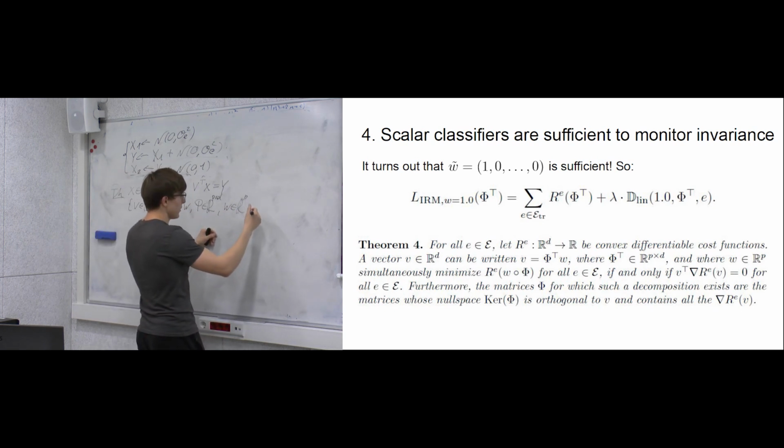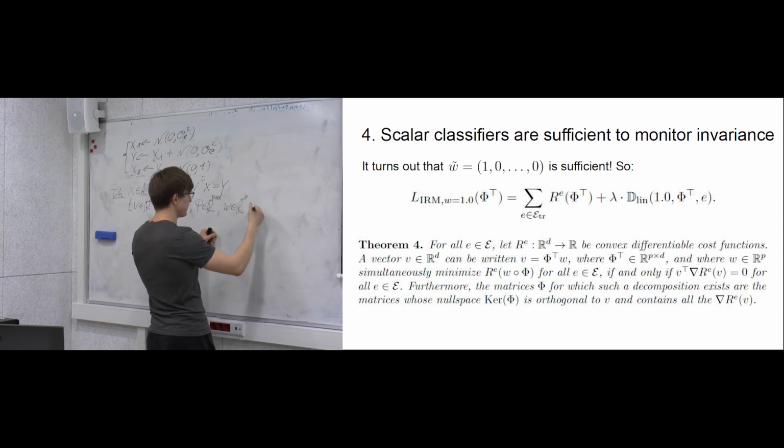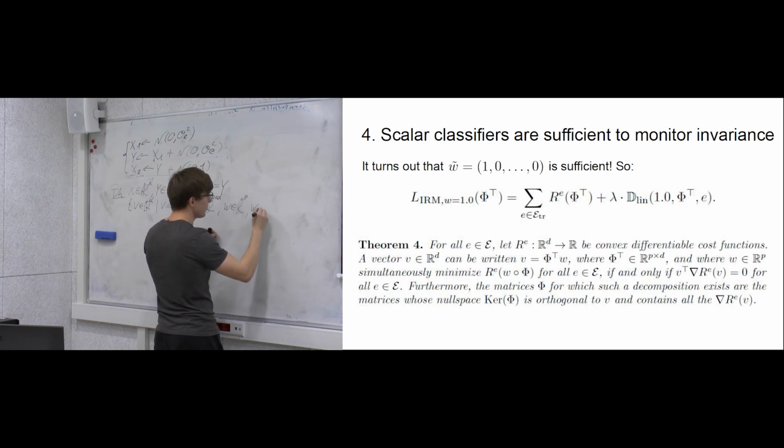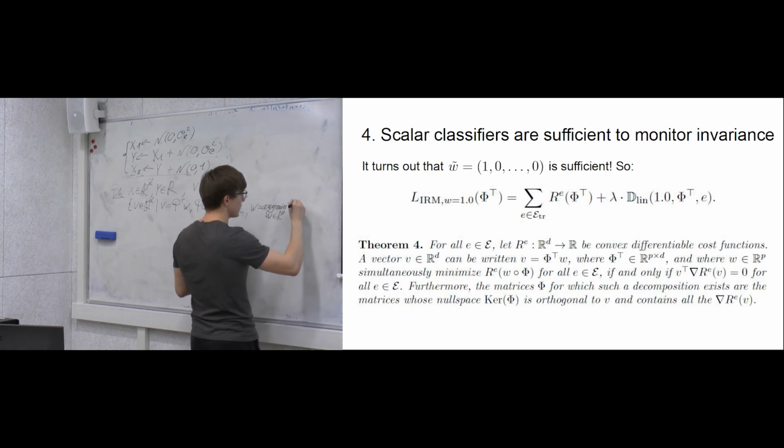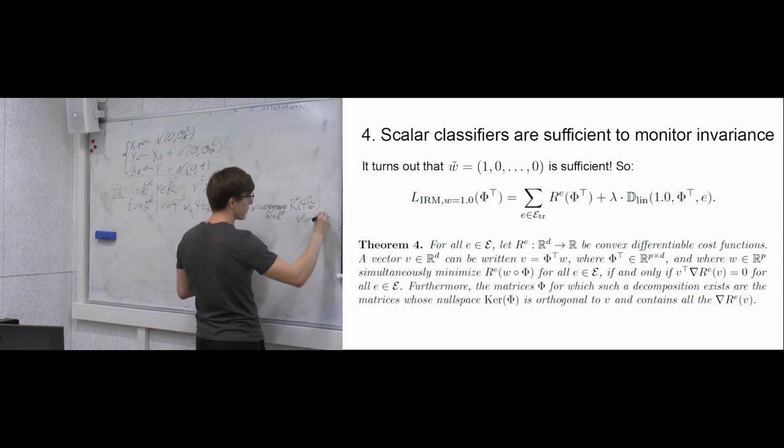So, such that w is the argmin across all w tilde from R^p of our risk of phi transposed by w tilde for all environments from some set of environments.